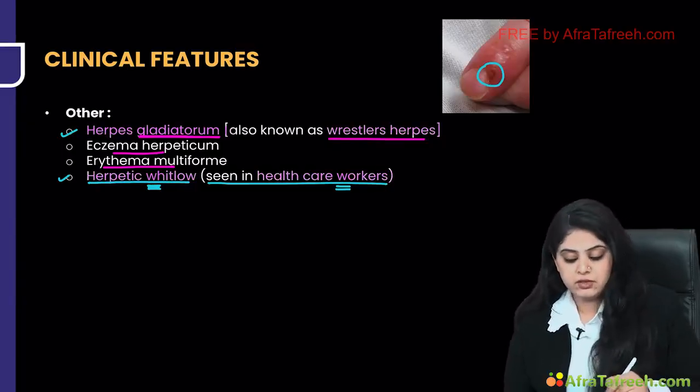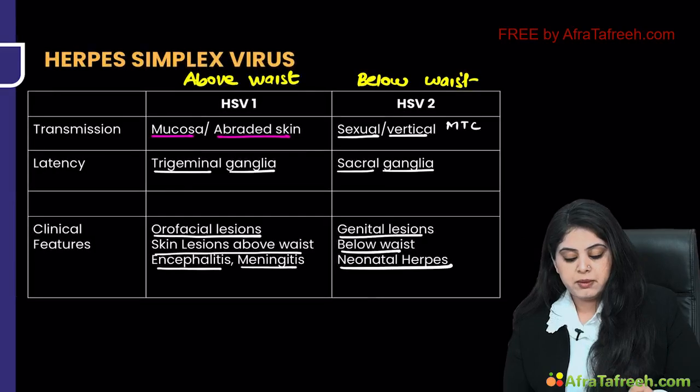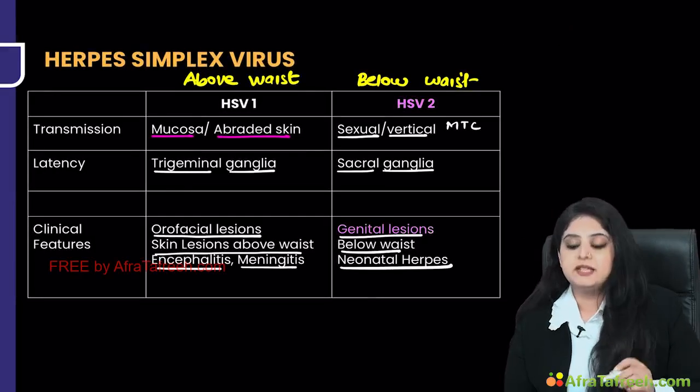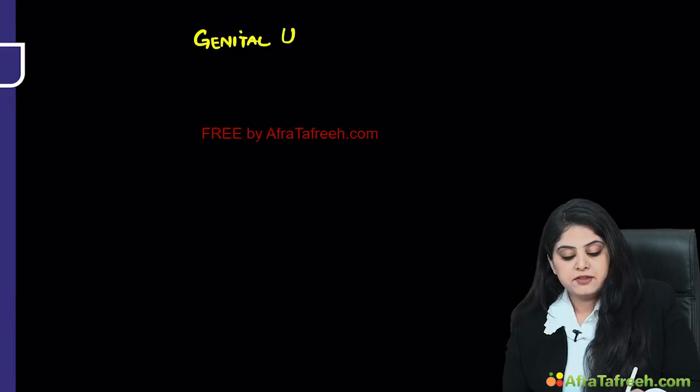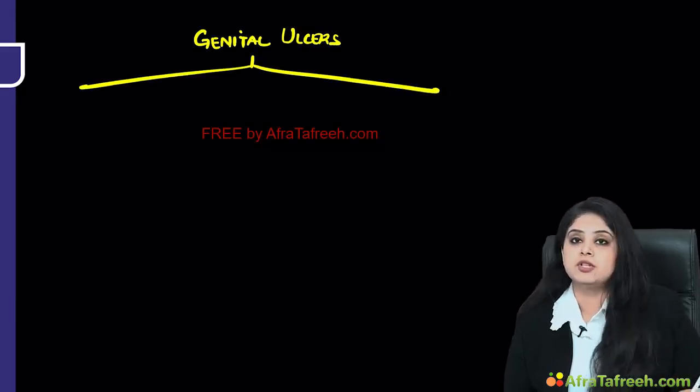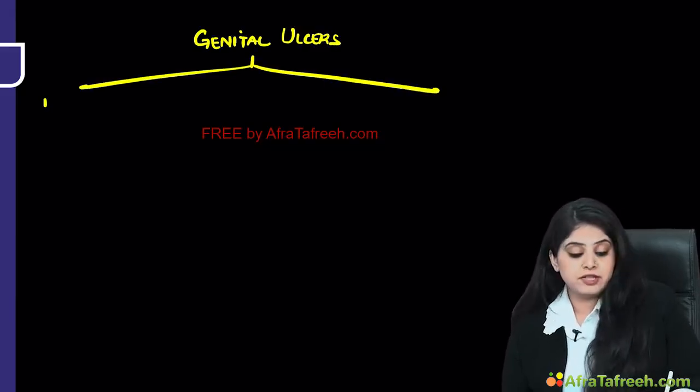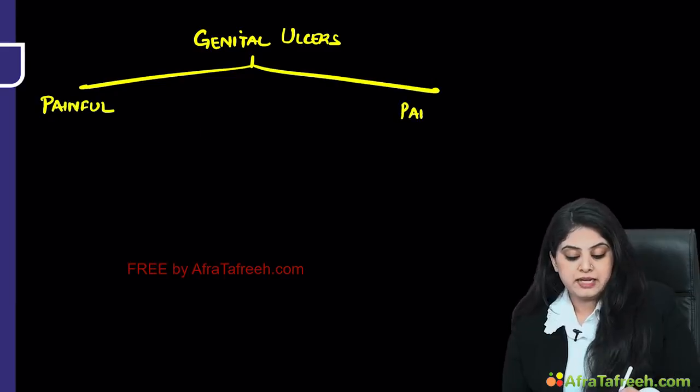Now, before I proceed, going back to the table, do you remember for HSV2, I told you there will be genital lesions? And if I'm saying that there are genital lesions, then of course by default I mean there is a genital ulcer. So I want all of you to revise this point with me: when we were talking about genital ulcers, we always did a classification, whether the genital ulcer was painful or painless.